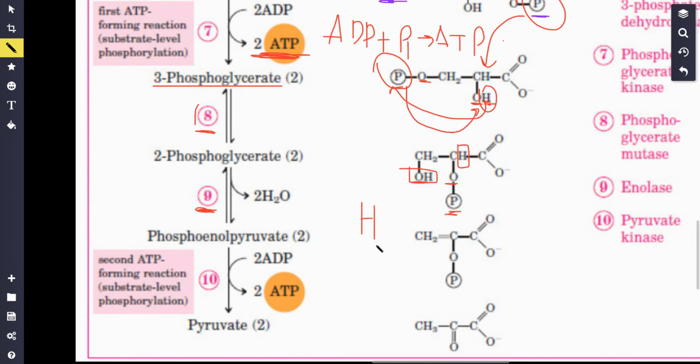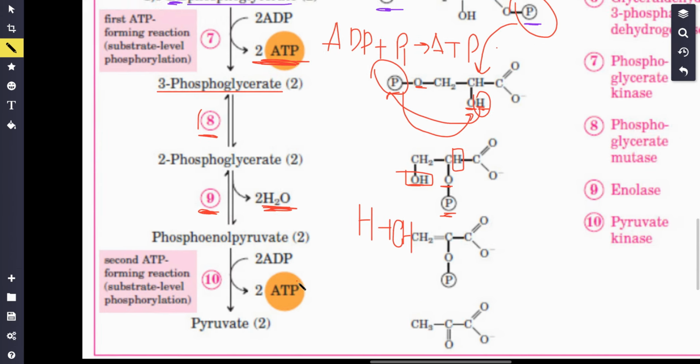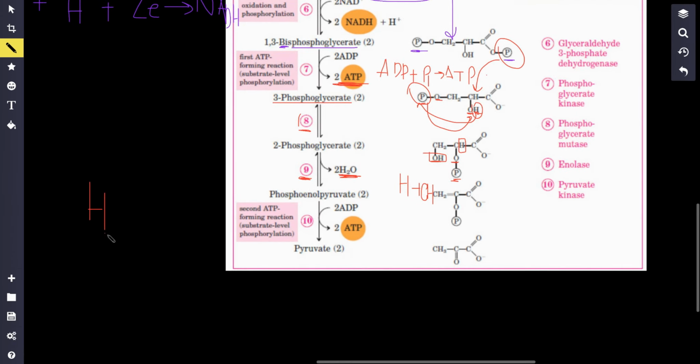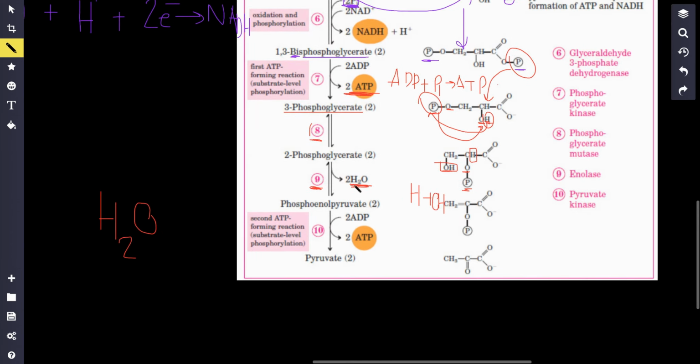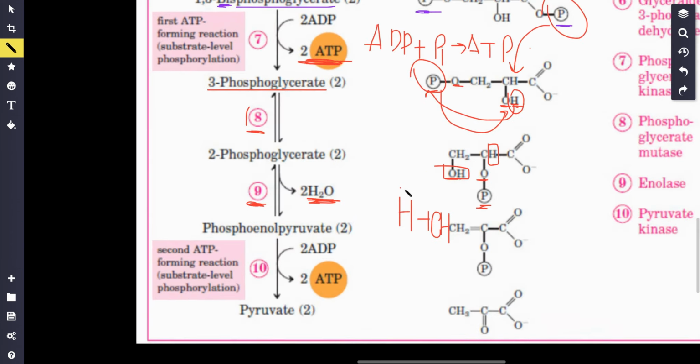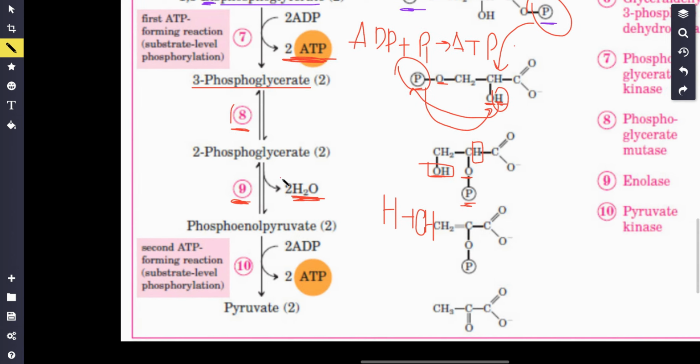When I have hydrogen and this OH, what am I forming? I'm forming H2O, and remember, H2O is a product of cellular respiration. So step 9 is where we get the H2O from. Once again, it's multiplied by 2 because we have 2 of these reactions forming.